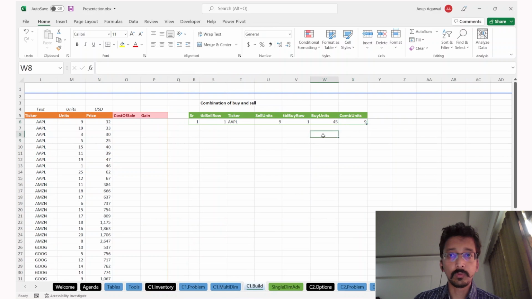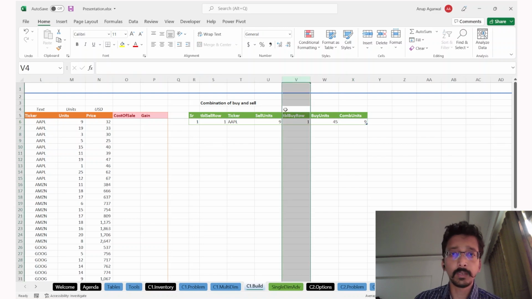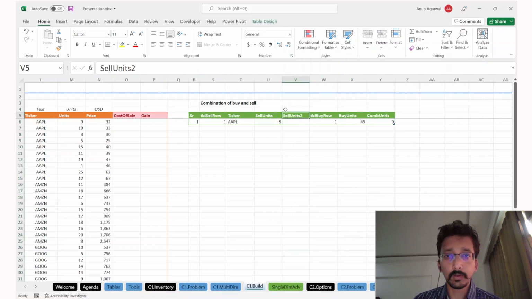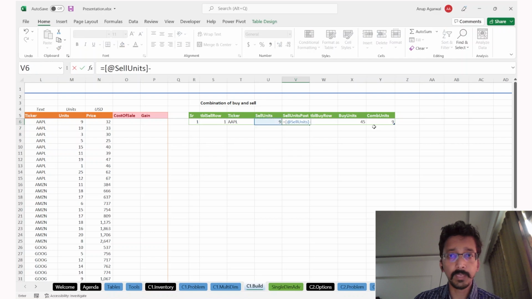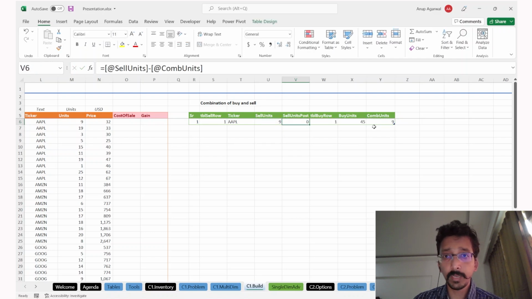And so all these formulas will be updated a little bit for us to calculate the other coming rows. To help us in doing that a little bit, I will say that, post this allocation, how many sell units are remaining to be allocated? In this case, it is 0.